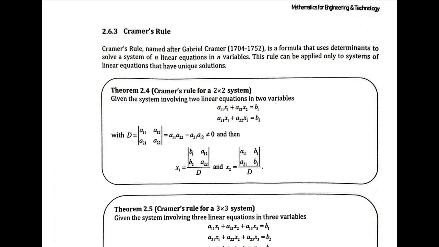So we can have it like this: A11, A12, A21, A22, and then the x and y, actually x1 and x2, and then equal to b1 and b2.